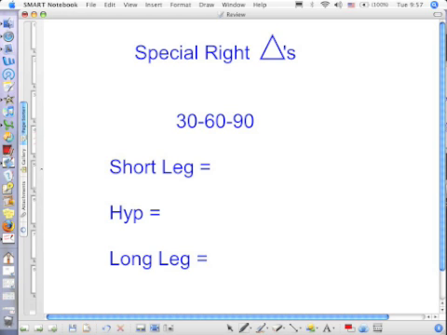So just as a refresher, in a 30, 60, 90, we have a short leg, we have a long leg, and we have a hypotenuse. The hypotenuse, if you recall, is twice the short leg. It is twice as big as the short leg. The long leg is equal to the short leg multiplied by what? The square root of 3.